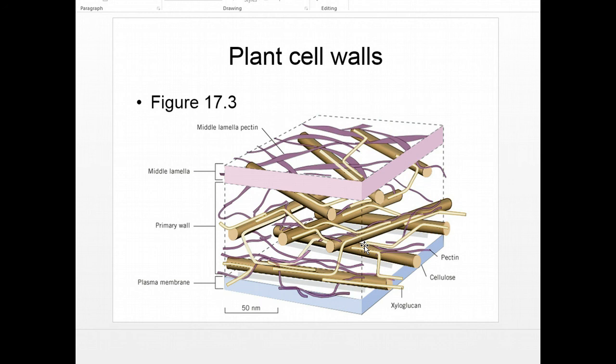If I want the cell wall to expand, I don't break the cellulose, I break those other bonds, and then the bubble or the balloon will expand. The cellulose pieces will slide by each other because the balloon inside has water going into it, so it stretches apart, and then those bonds form again, and then it becomes stationary.